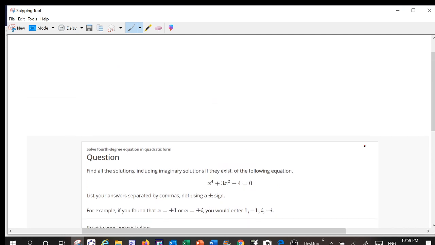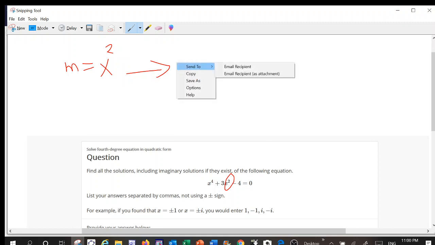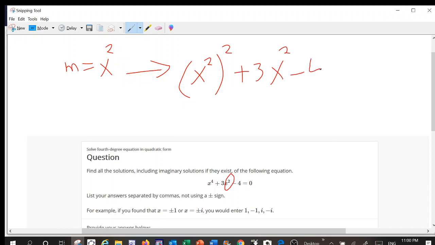So all we have to do is, again, let m be x squared. Then this thing turns into x squared to the 2nd power plus 3 x squared minus 4 equals 0. So that would be m squared plus 3m minus 4 equals 0.